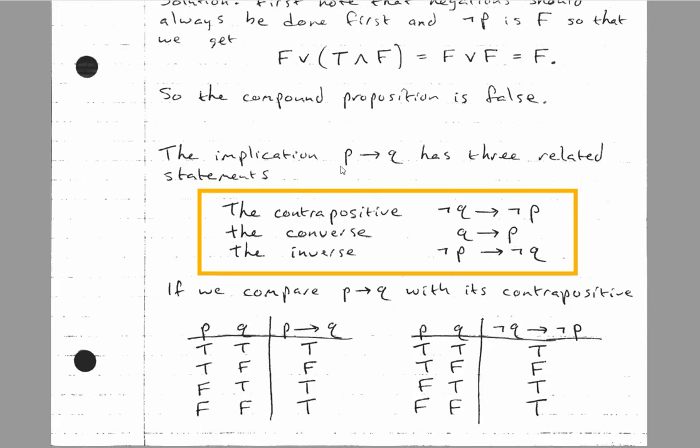We looked at the implication operation last time. So this conditional statement, P implies Q. Again, we saw different ways to say it. You could say if P then Q, or Q if P.